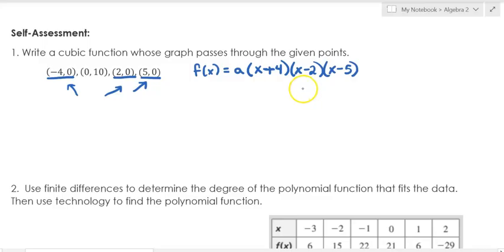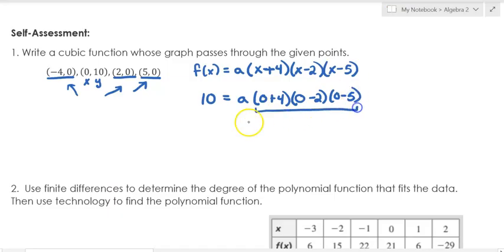Step 2 is to take a different point than your x-intercepts and plug that in for x and y. So this point they give you, once again, it happens to be a y-intercept, but it can be any point. It doesn't have to be a y-intercept. So I plug in 10 for y, which is f of x, and I plug in 0 for x. I'm going to put this in my calculator right here, and I end up with 40.